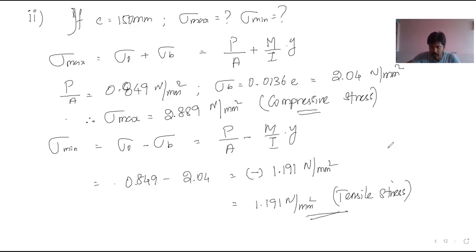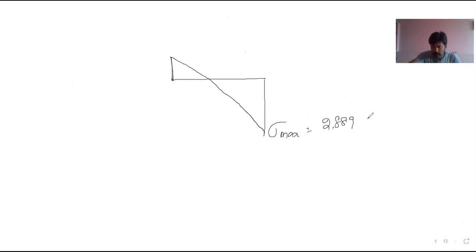Now for the diagram, sigma max is equal to 2.889 Newton per mm square.